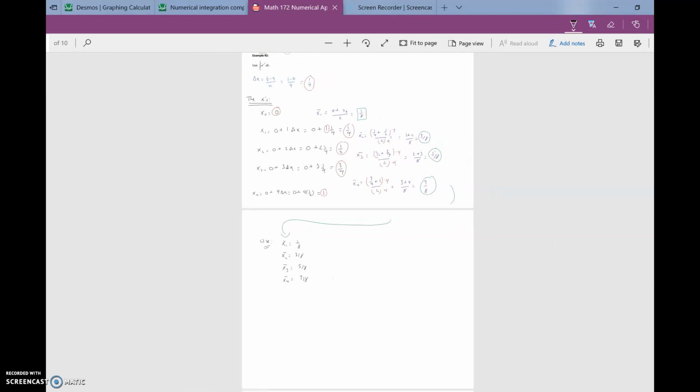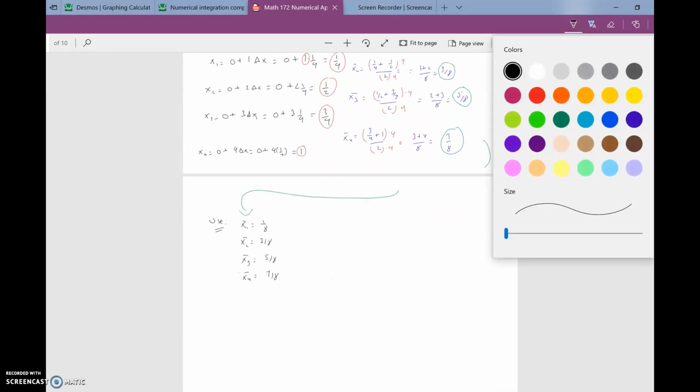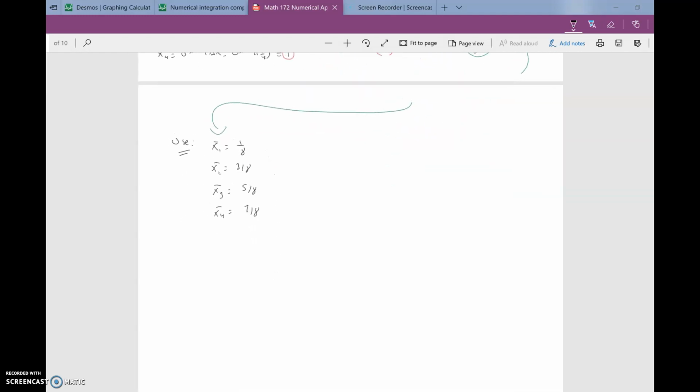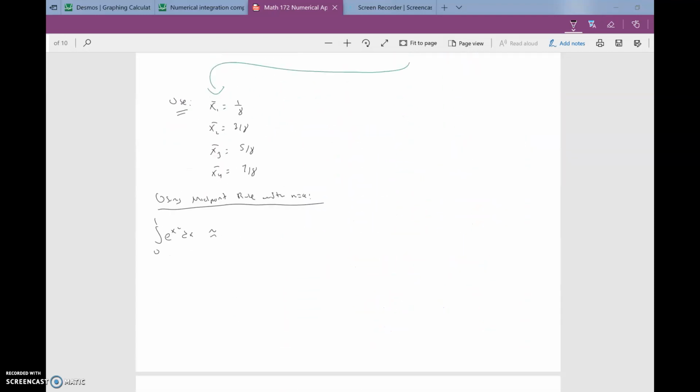So in this case, we would say that using midpoint rule, I think we have enough space. So using midpoint rule with n is equal to 4, you're going to have that the integral from 0 to 1 of e to the x squared dx can be approximated by the following.